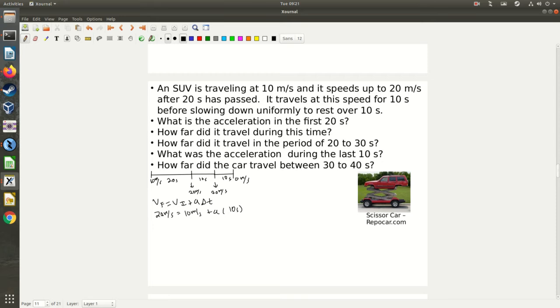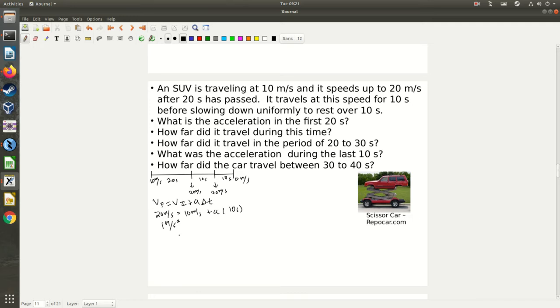I take my speed 20 minus 10, which gives me 10, and then I divide that by my 10 seconds, and I get 1 meter a second squared.